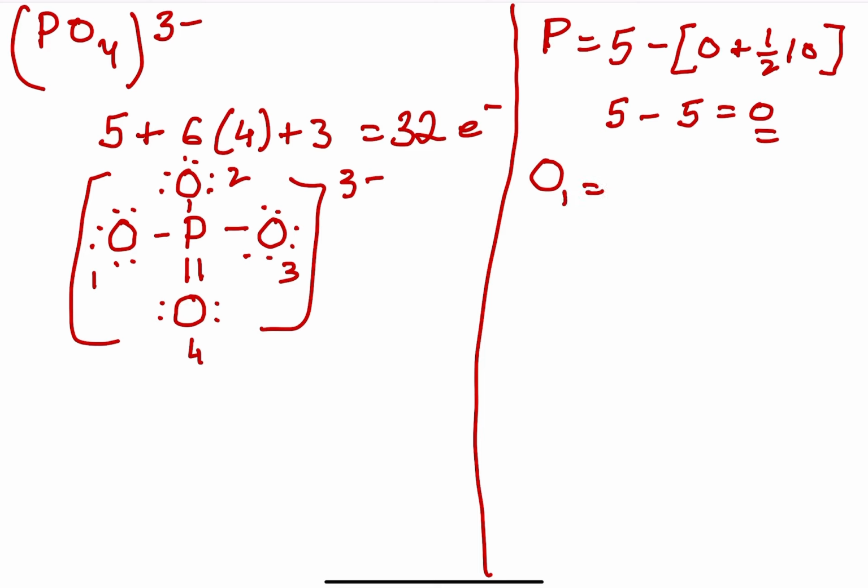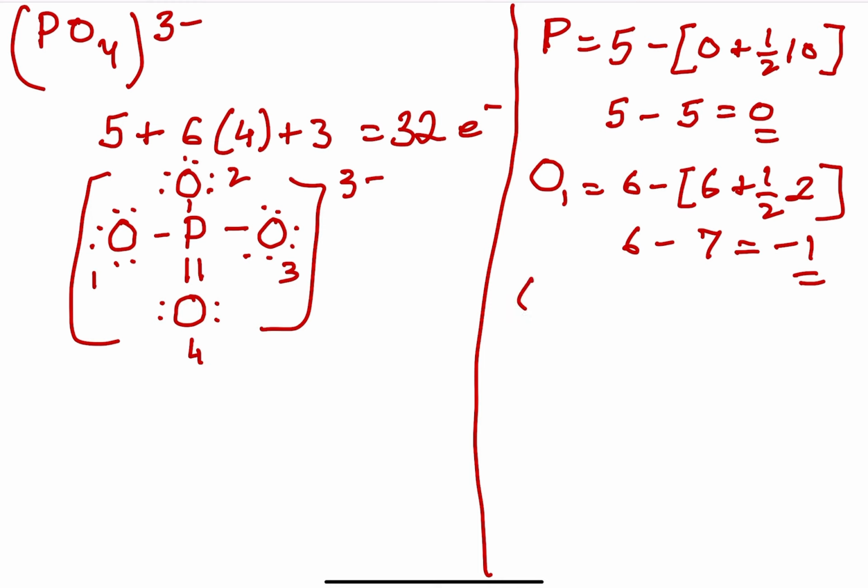The number of valence electrons is 6 minus the electrons in lone pairs, 1 2 3 4 5 6, 6, plus half the number of bonding electrons. There are 2, so 1. So 6 minus 7 equals minus 1.